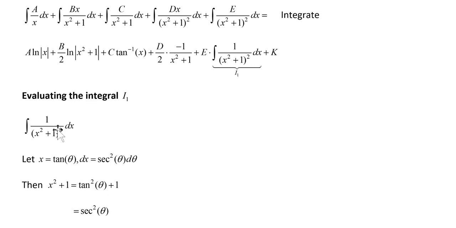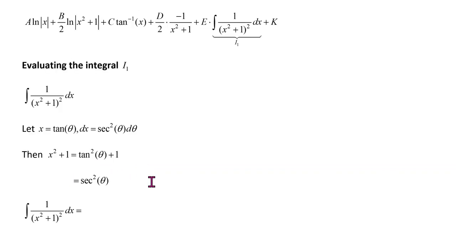This brings us to case 2 of the trigonometric substitution. x equals tangent theta, and dx is secant squared theta d theta. x squared plus 1 is then tangent squared plus 1, which is secant squared theta.